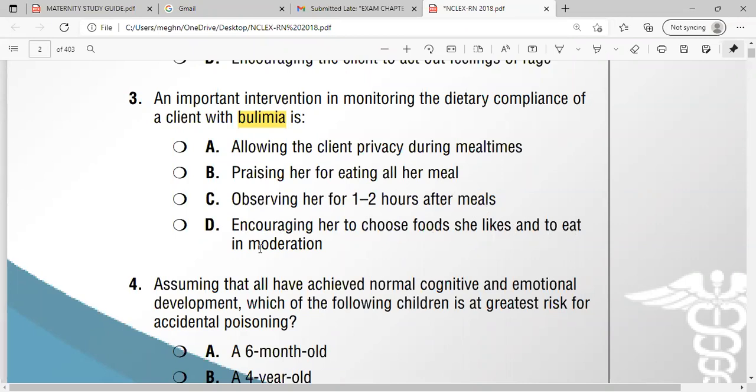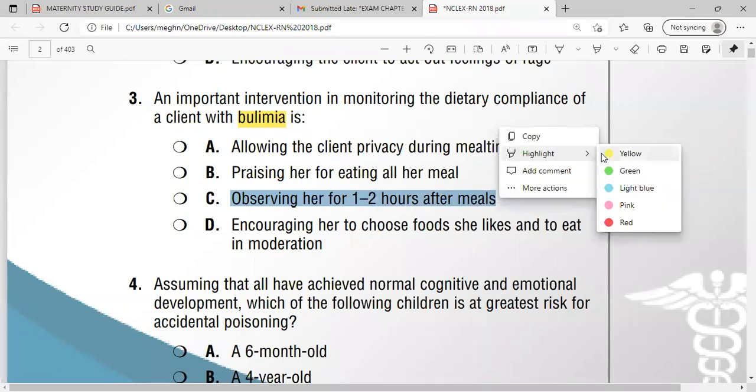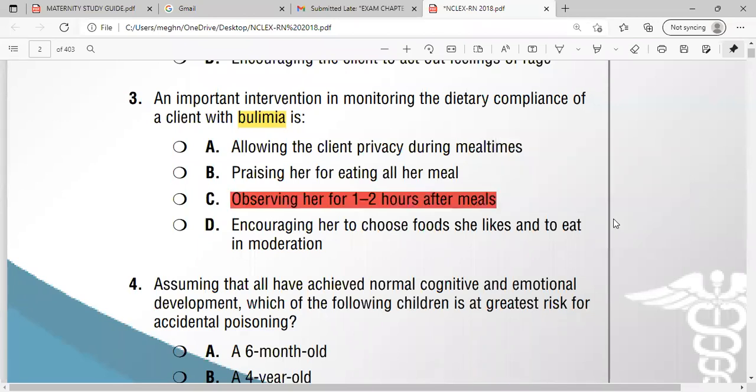So the correct answer to this question is number C, right? C is correct: observing her for 1 to 2 hours after food, so you can see whether they willingly vomit or not.